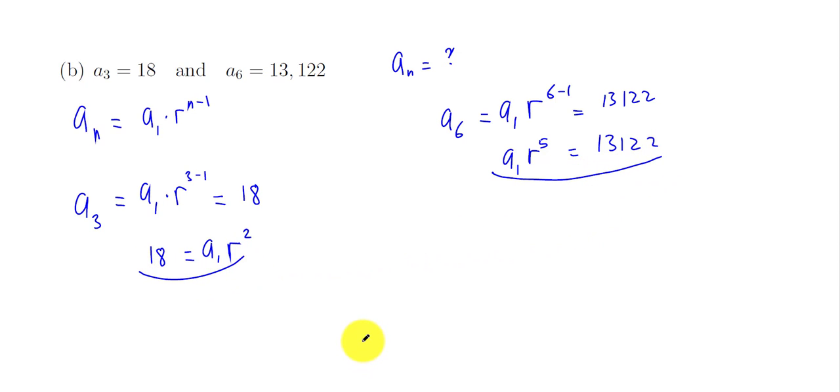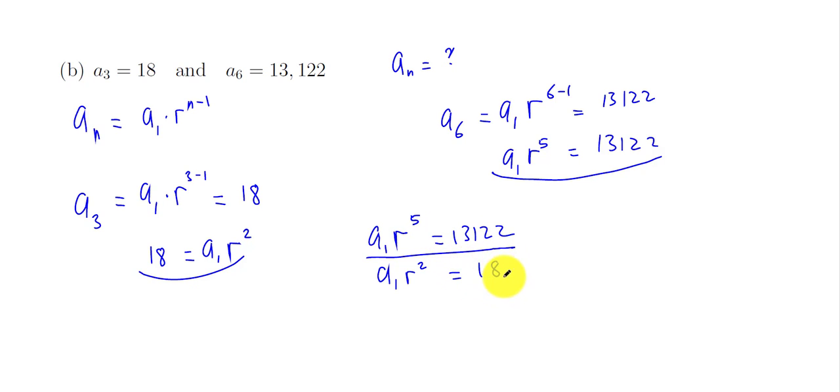So I have this thing, I have this thing. I can go ahead and take this one, divide by this one. So let me rewrite this one here. a1 r to the 5th power equals 13122, and then divide by this expression here, a1 r squared equals 18.